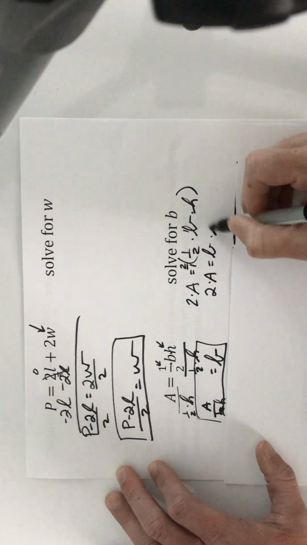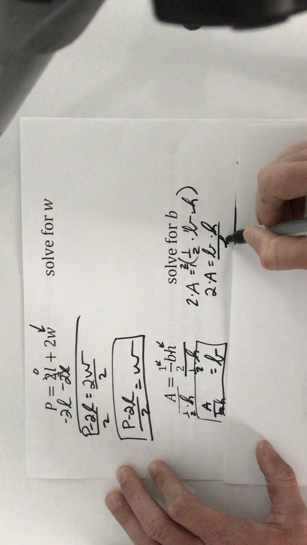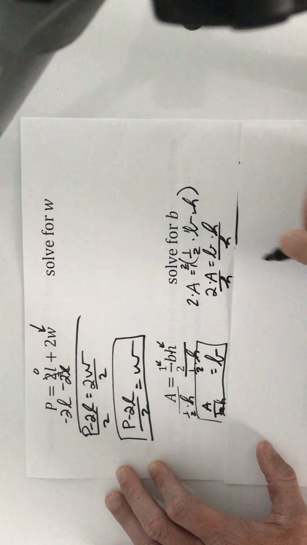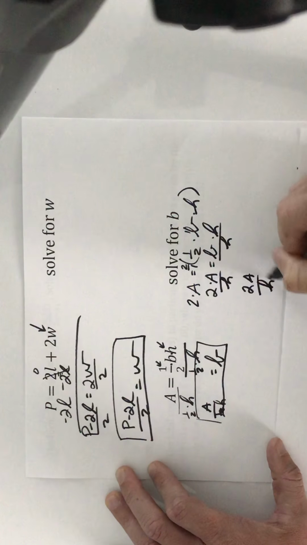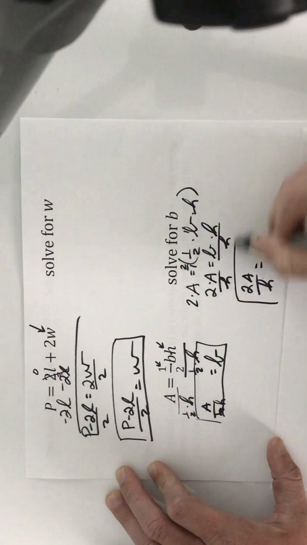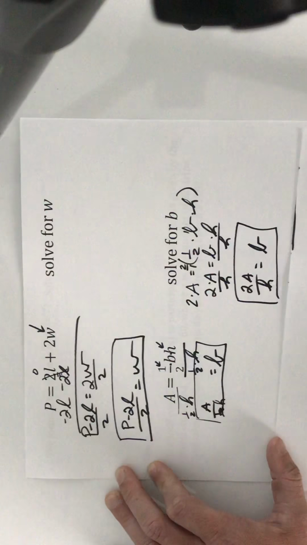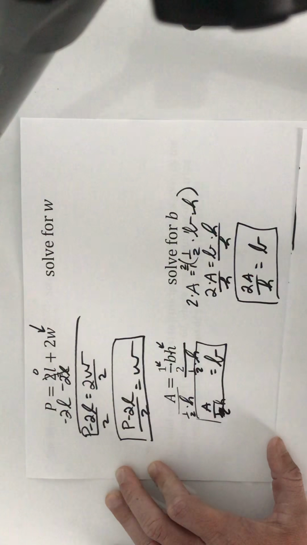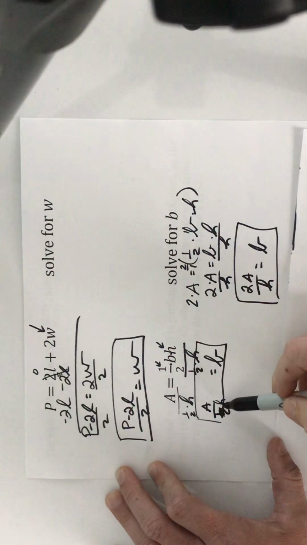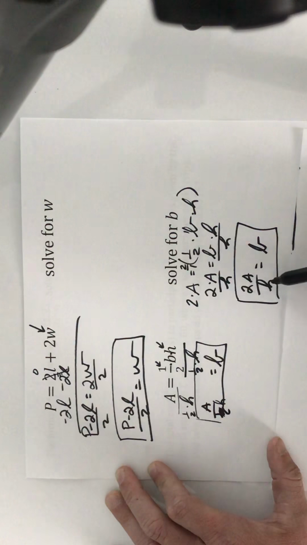And I have b times h. And now I have to divide by h. And when I finish this, I end up with 2a divided by h equals b. And these are equivalent expressions. So a divided by 1/2 times h and 2a over h are both equivalent to b.